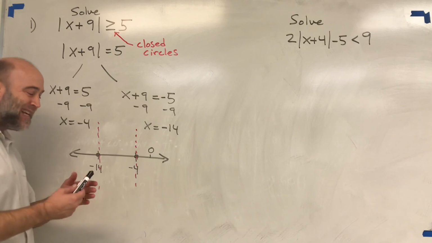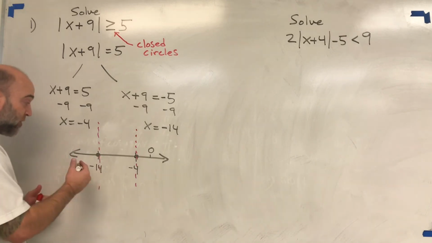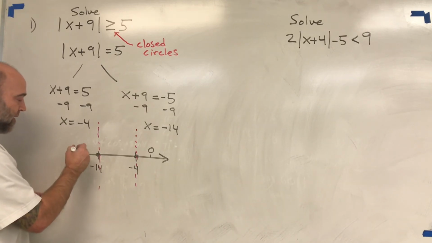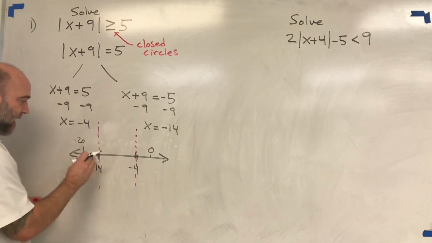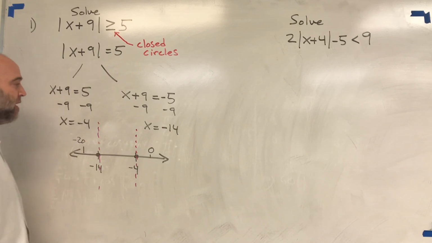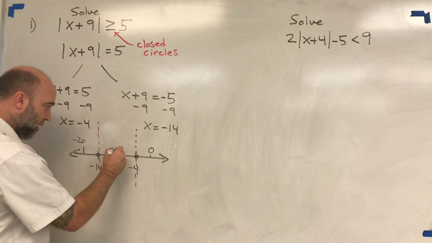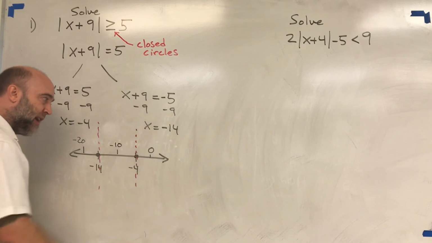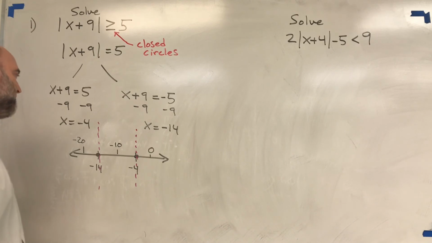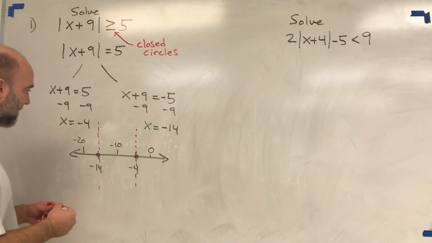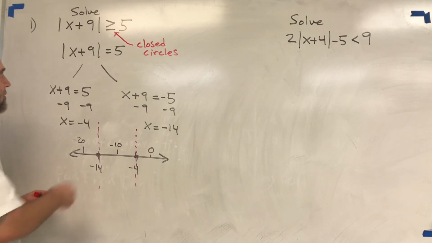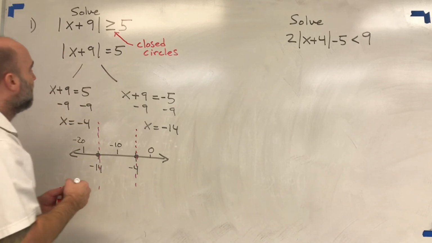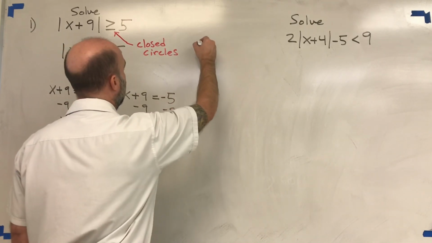So I like picking nice numbers with 0s or 5s in them. So I'll go ahead and pick negative 20 right here. Negative 20 is on this side. In here, I'll pick negative 10. Negative 10's in there. And I like 0 wherever it lands. Okay, so I need to test those to see if it's true or false in the original problem. So I'll go ahead and I'm testing now.